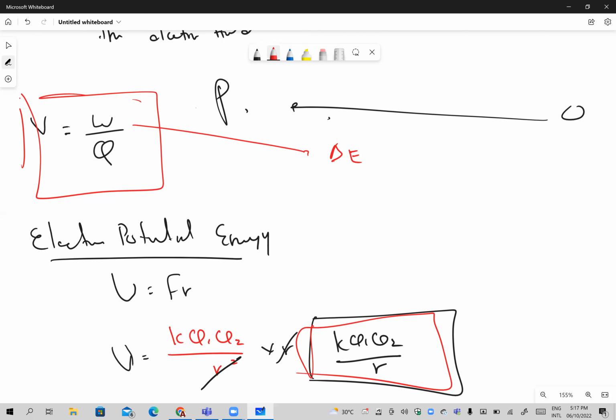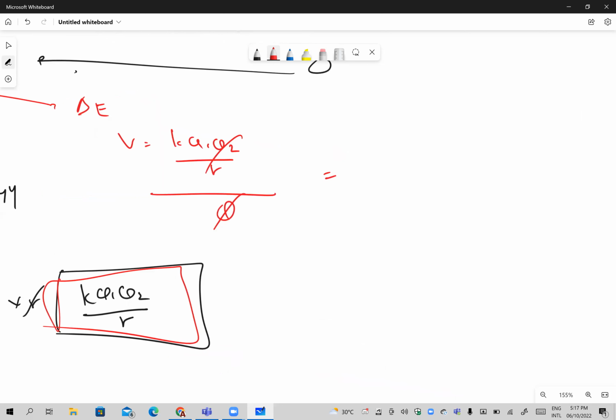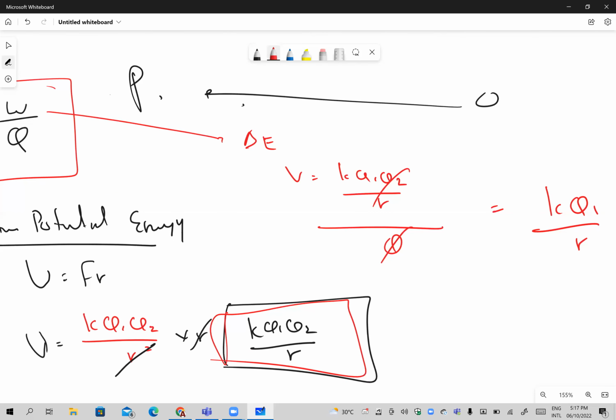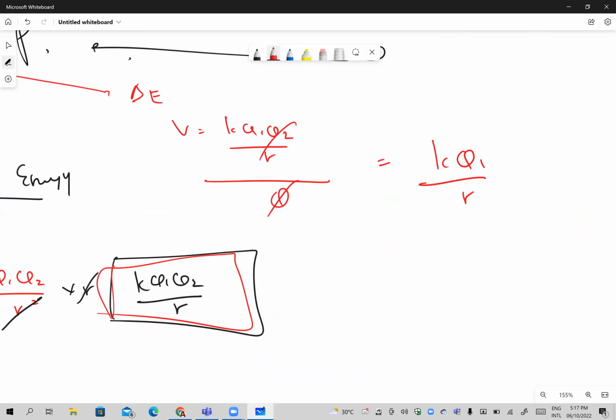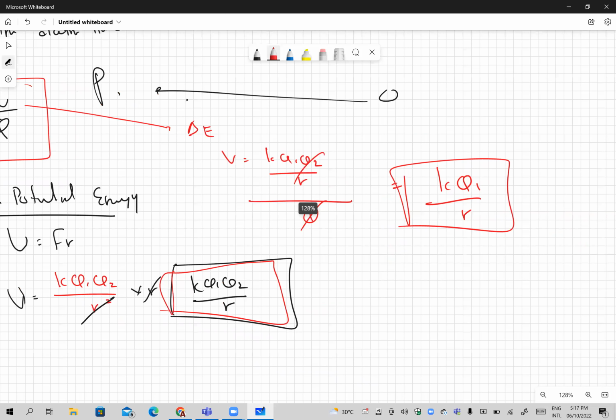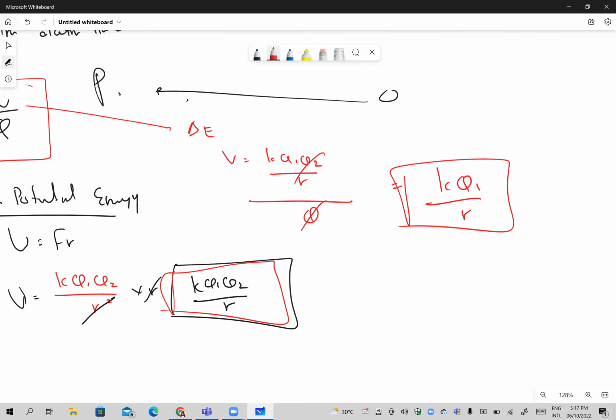So V is K Q1 Q2 over R divided by Q. Q further eliminated, so you're left with K Q1 over R. This is the formula for electric potential now. A further derived formula for electric potential, right?